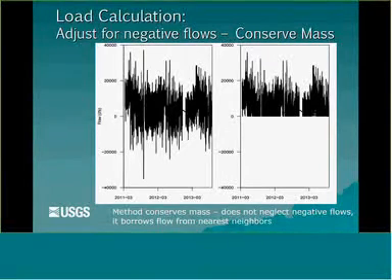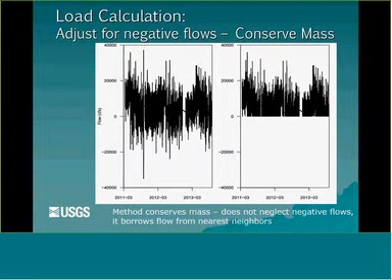And so what we did is we developed an approach where we're sort of borrowing flows from the nearest neighbor. So if it went negative at one point, we looked into the future and tried to remove that flow from it, and we just worked our way through the data set and came up with the flow on the right, which has no negative flows, and the negatives were all set to small positives.